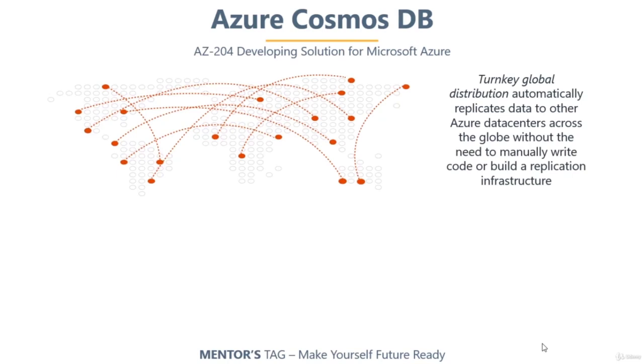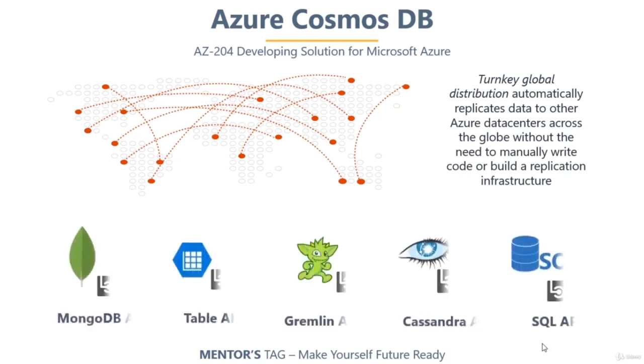Normally, if you're using Azure SQL or any other data storage provider or database associated with Azure, we mostly have multiple geographical copies from where we can read. But this one allows you to deal with this kind of global distribution automatically for read and write both.